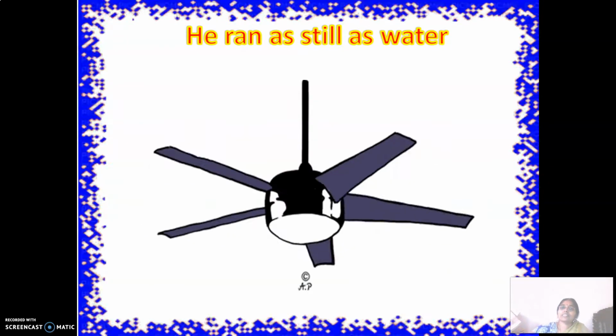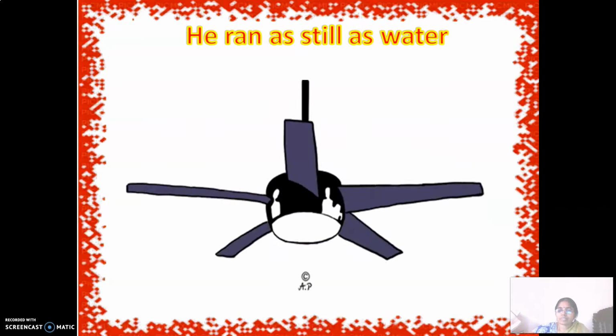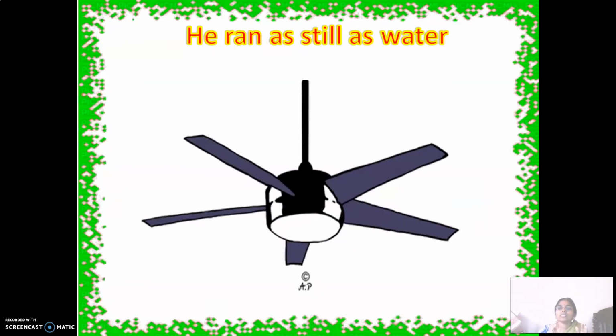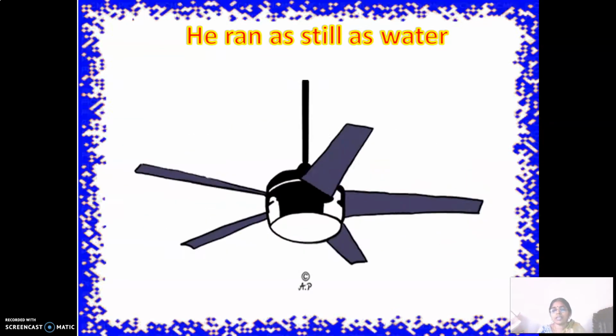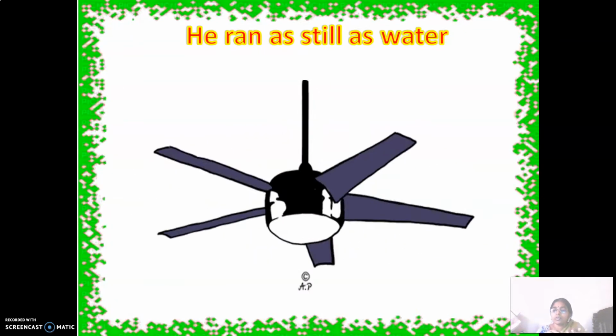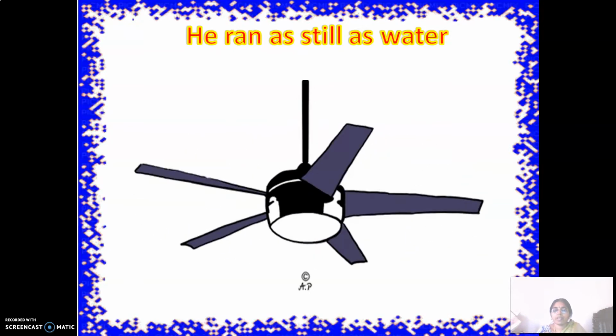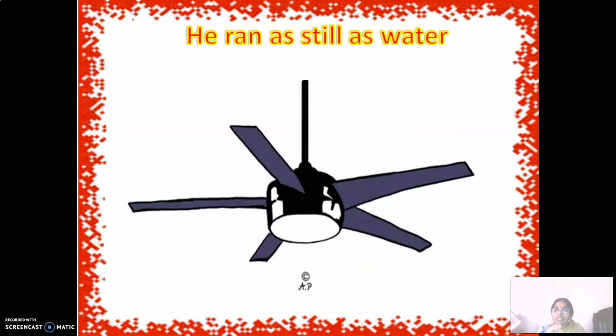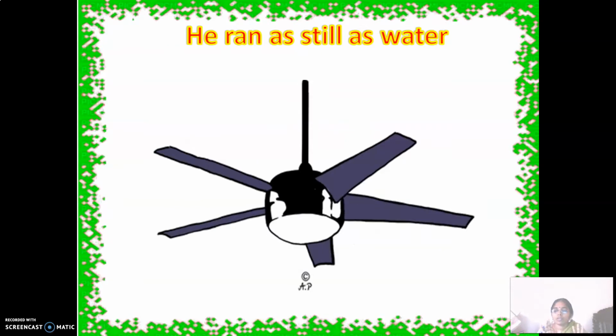He ran as still as water. So here, as still as is a simile, right? As still, in the sense, it was quiet and calm. The water, when it is full in the pot, will not make noise.